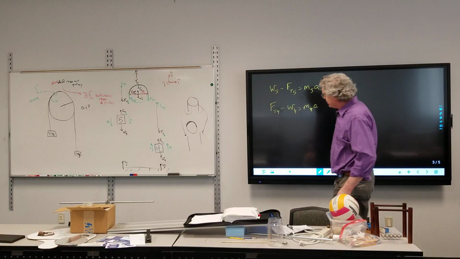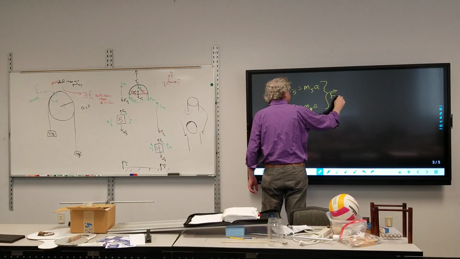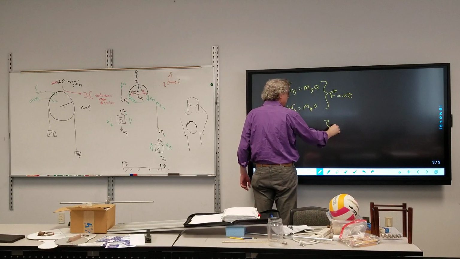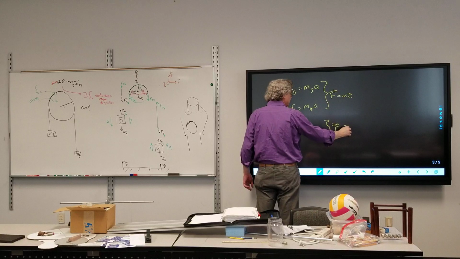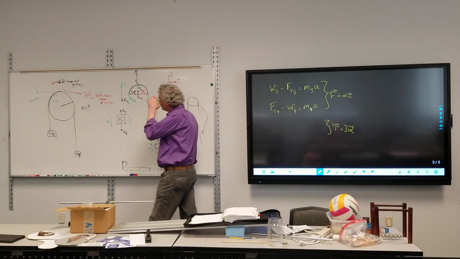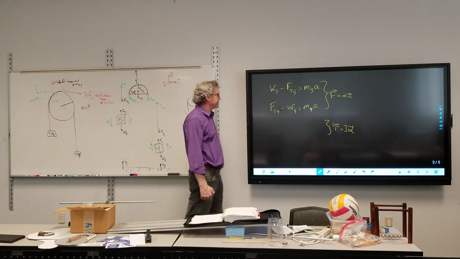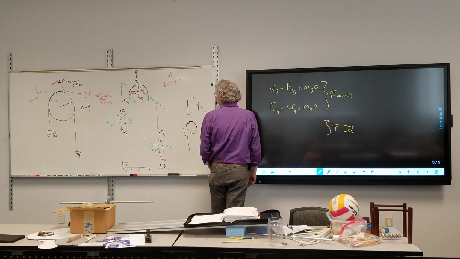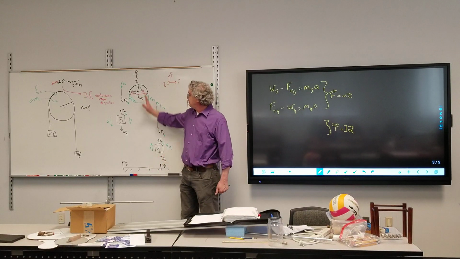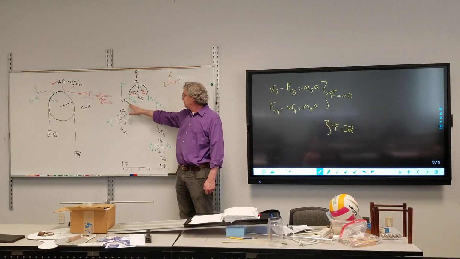So our first set of equations here are based upon F equals ma. The third equation is going to be based upon the rotational analog, tau equals I alpha. So basically, it's a k-hat direction equation.